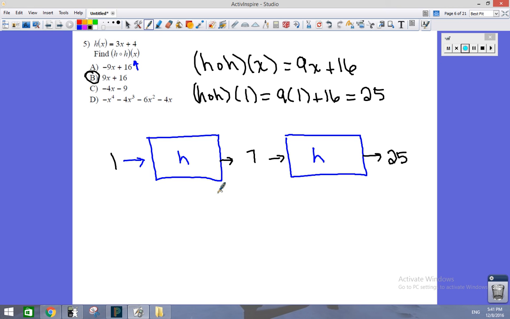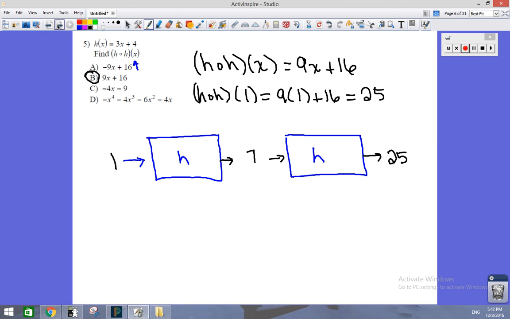So I didn't have to go through that intermediate value of 7. This time I had the formula, and I just plug my number into the formula directly, like we've always evaluated functions. Or to find the composition, you can break it into an assembly line. So hey, I hope that helps.